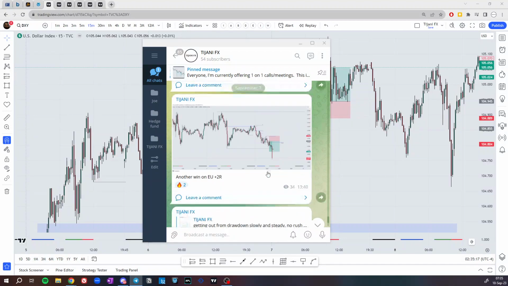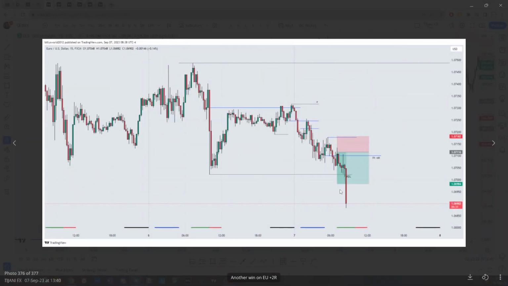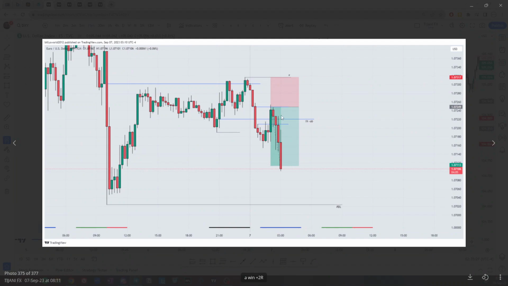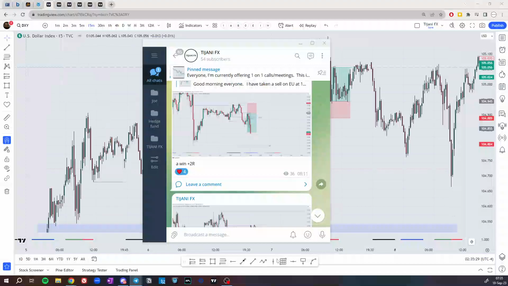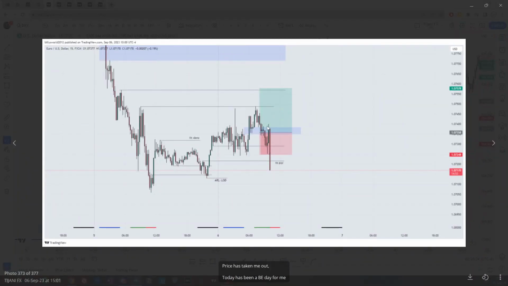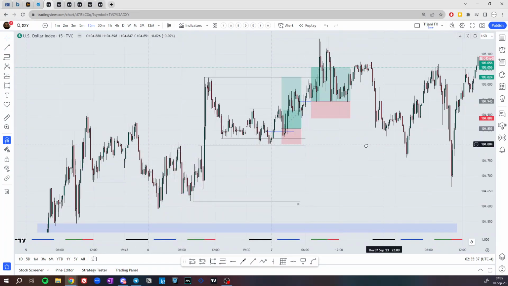You see price has delivered me 2R here on this trade. Then this 2R here during London kill zone, and I had a loss somewhere here, as you see, right?